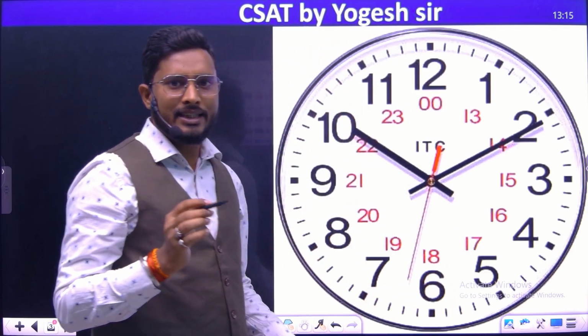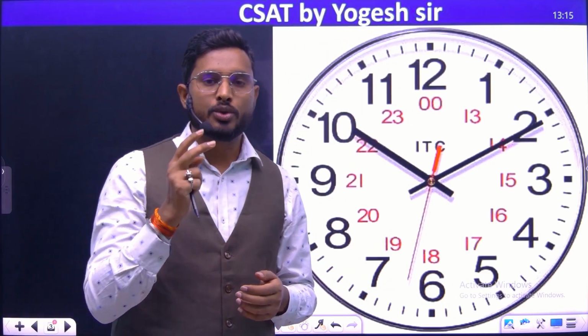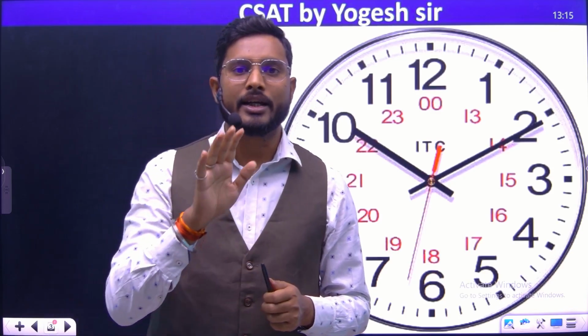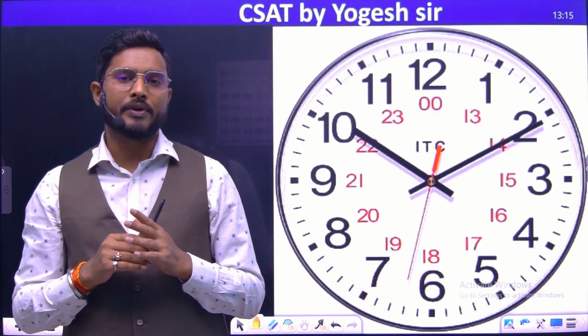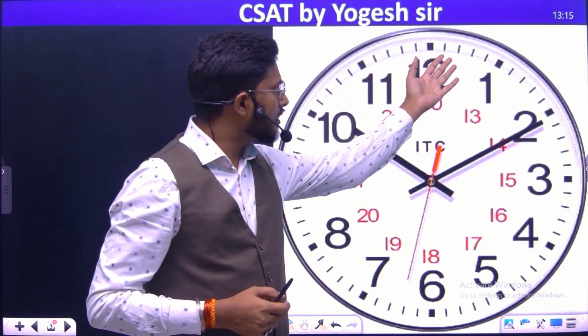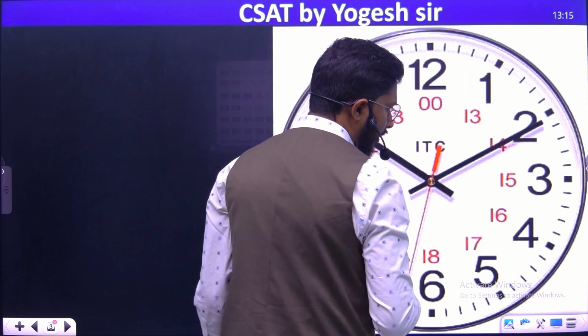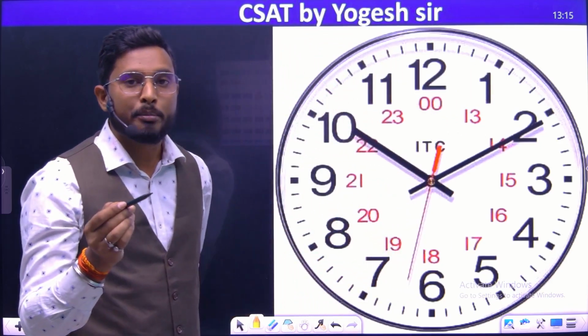You can see that between two consecutive numbers there are five gaps: gap 1, gap 2, gap 3, gap 4 and gap 5. It is also called minute.